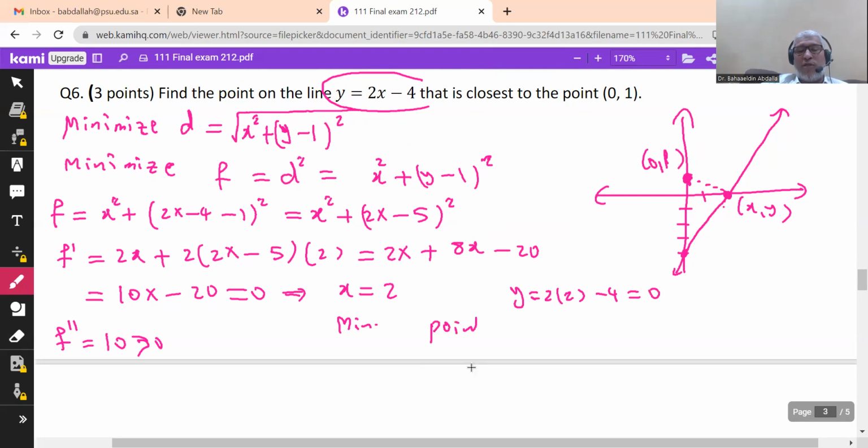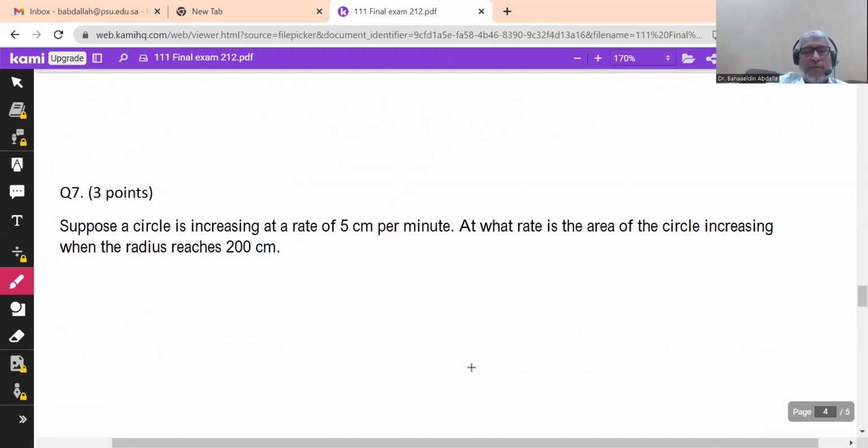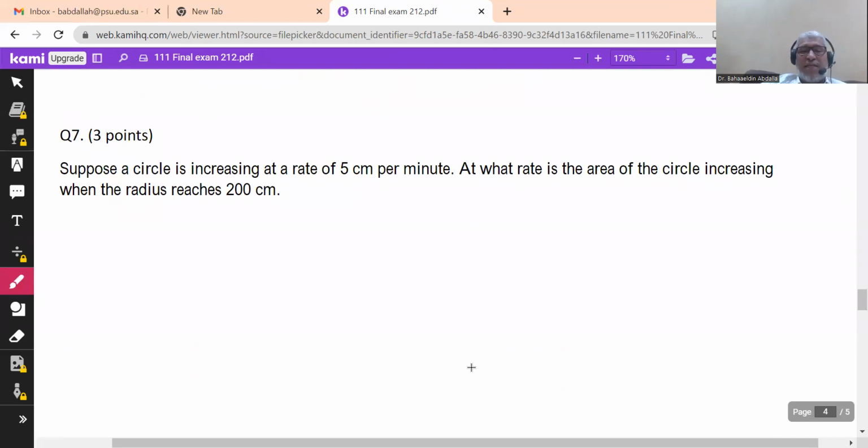So the point is 2 and 0. 2, 0 is the closest to the point 0, 1. You can prove that this is a minimum either from the second derivative test, or you can find the signs of f prime.